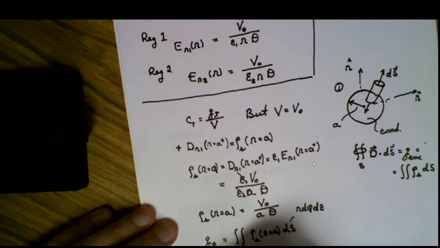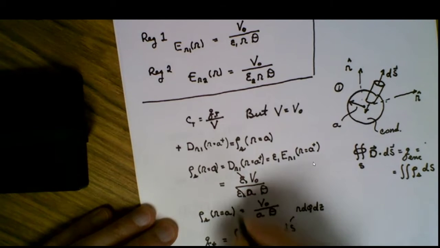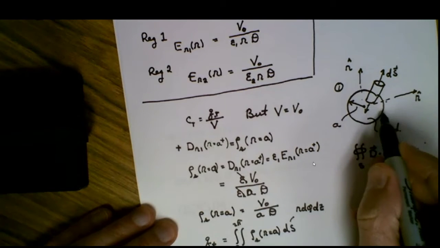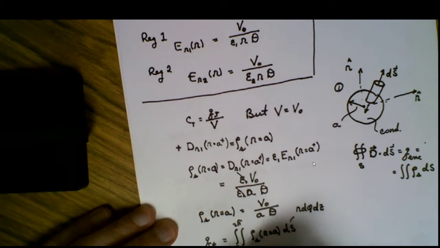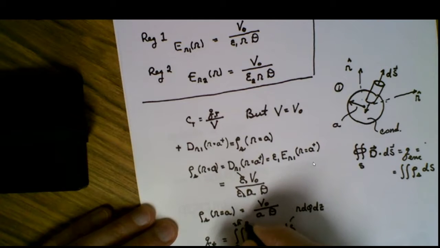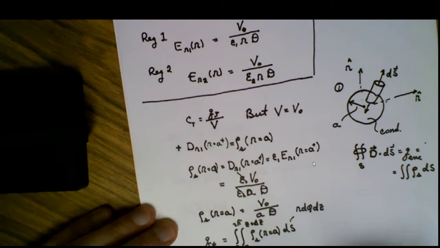Here we see that phi varies from 0 to 2 pi around the cylindrical surface, and z will vary from z to z plus delta z. And we'll talk about what that delta z means shortly.